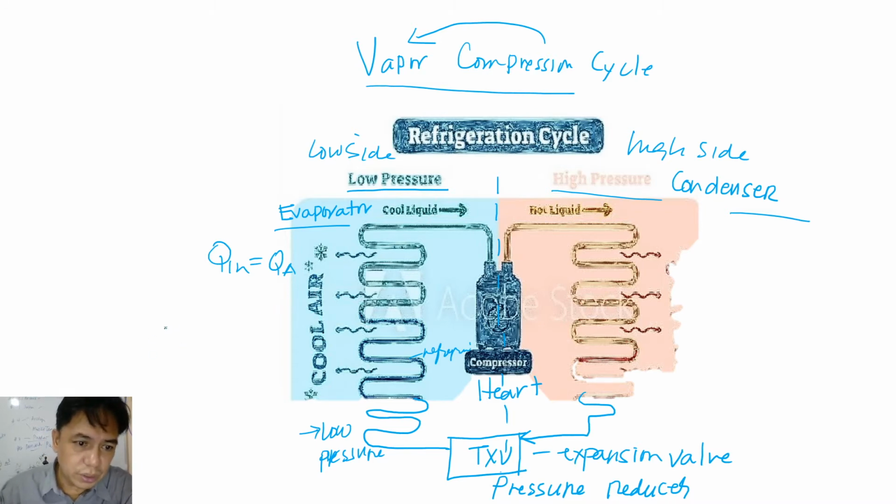So now the question is, where is the heat coming from? What are the sources of heat? For example, if you are inside the refrigerator, the items inside the refrigerator are the contributors of the heat, like the meat, the water, the vegetables, and all the other things that you put inside.